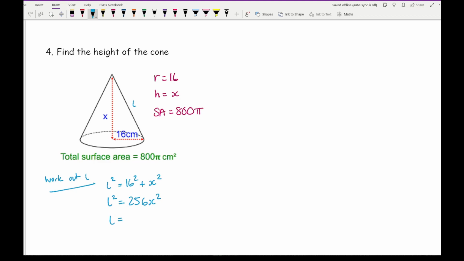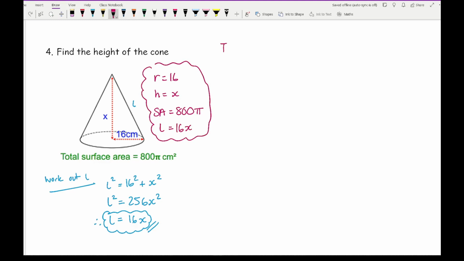The square root of 256 is 16, and the square root of x squared is x. So L equals 16 plus x. Let me put a little bubble around that, and we can add this to our information that we've been given.